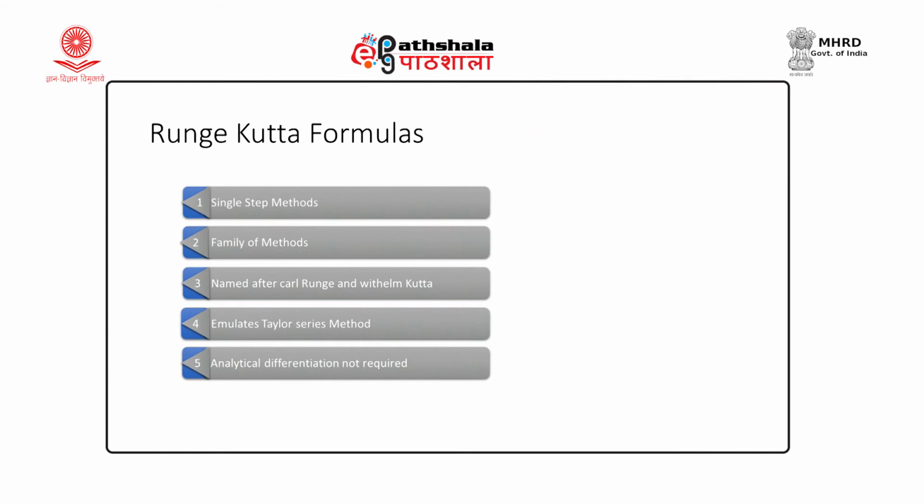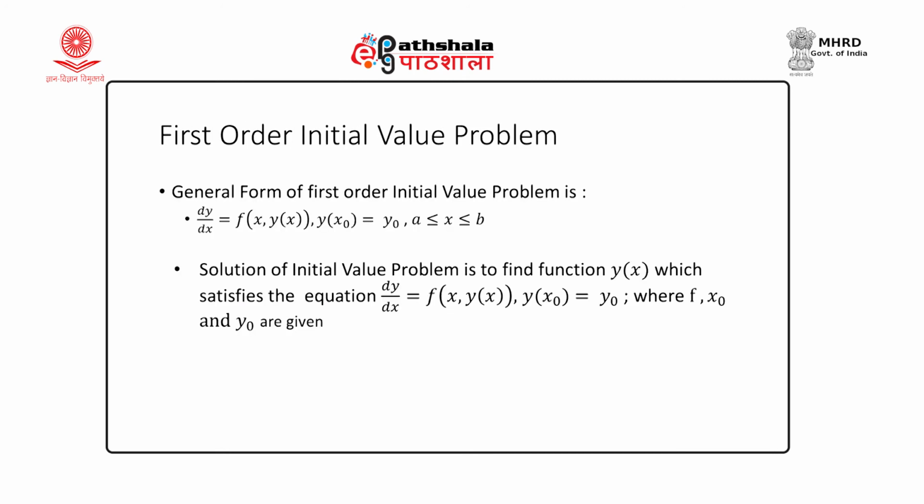They emulate Taylor series, and the advantage of these formulas is that we do not need to differentiate. Again, let us consider the same initial value problem, dy by dx is f x, y, y x0 is y0 on the interval a b, and our objective is the same, to find the function y x which satisfies dy by dx is f x, y, y x0 is y0.